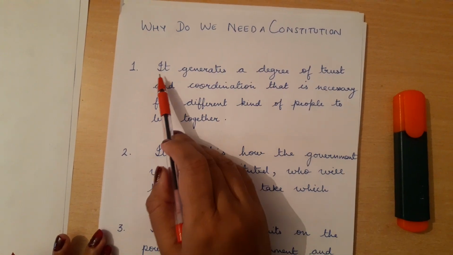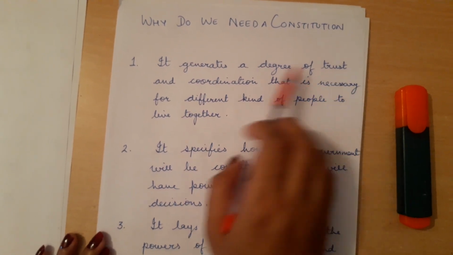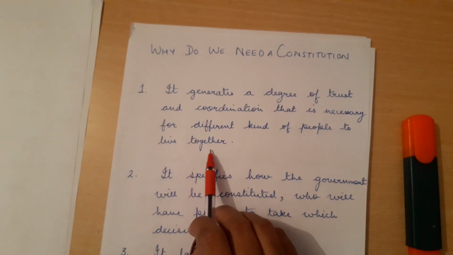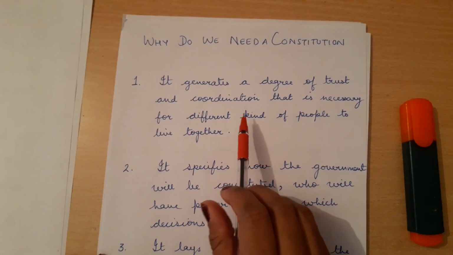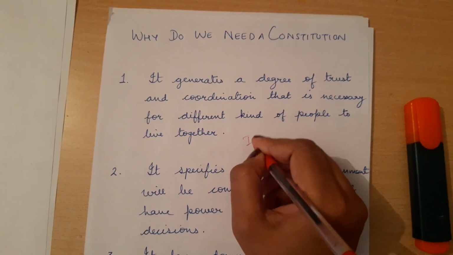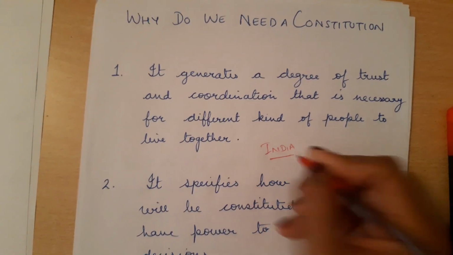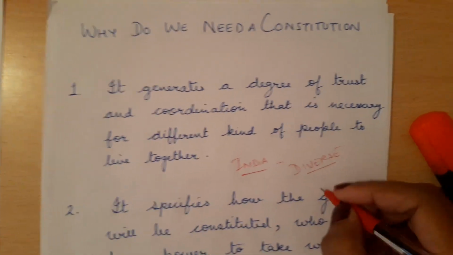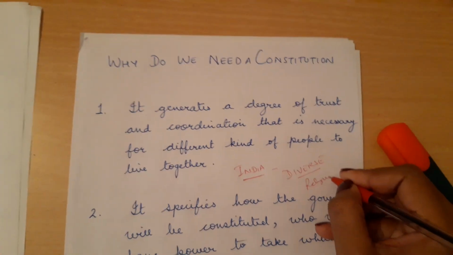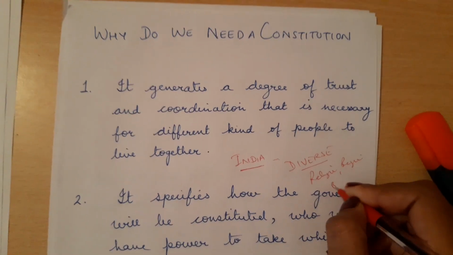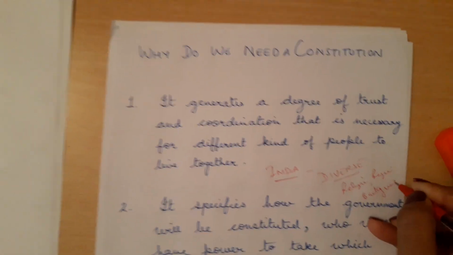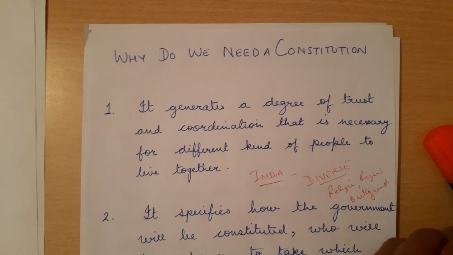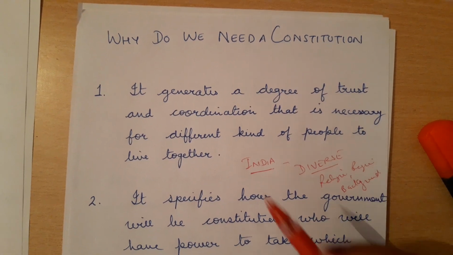So first, it generates a degree of trust and coordination that is necessary for different kinds of people to live together. Why is this important? Because we live in India, especially we're talking about our own country, a diverse country where so many people of different religions, regions, and backgrounds live together. Such a big territory to be administered by someone, it's very important.